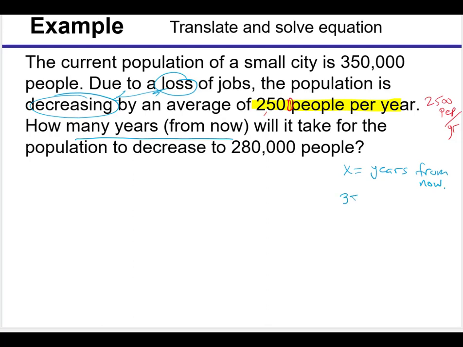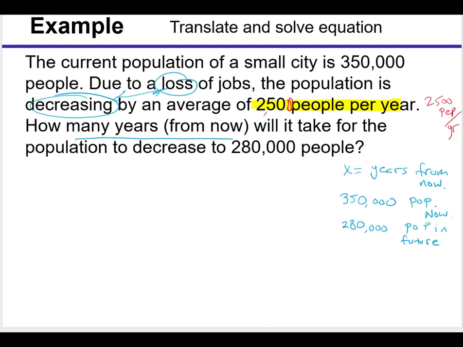I have another piece here, 350,000. That is the population now. And then there's this other one, 280,000. That's the population in the future. And the future is unknown to us. We don't know how many years it'll take to get there.